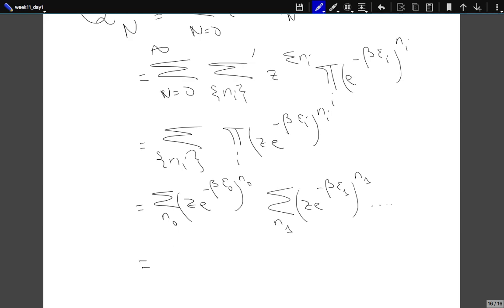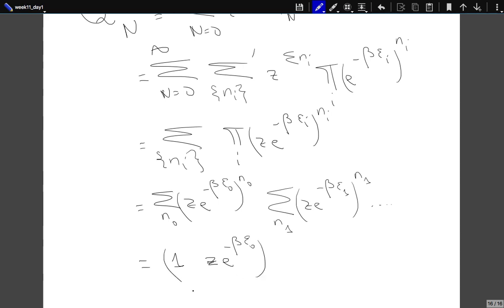Now, of course, each one of these n_0's and n_1's will have different values depending on whether I'm talking about bosons or fermions. For fermions, each one of these n_i's can take only two values. If n_0 is 0, then this term is 1. If n_0 is 1, then the contribution is z times e to the power minus beta epsilon_0.